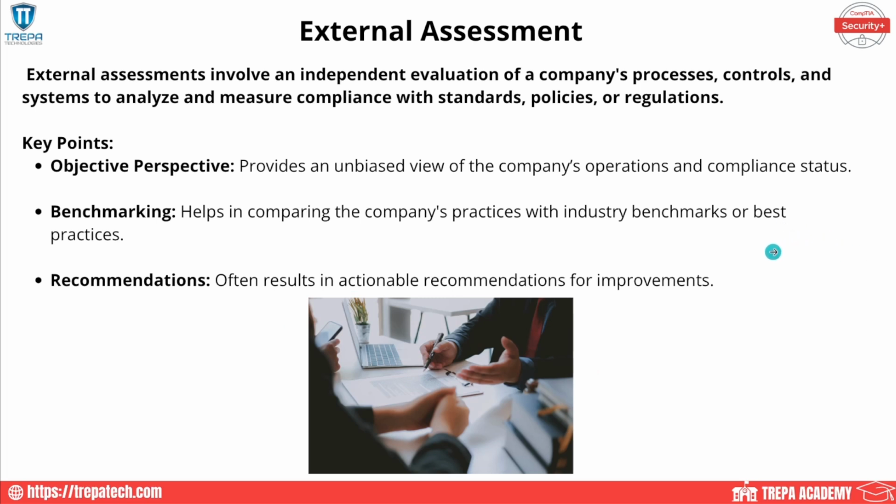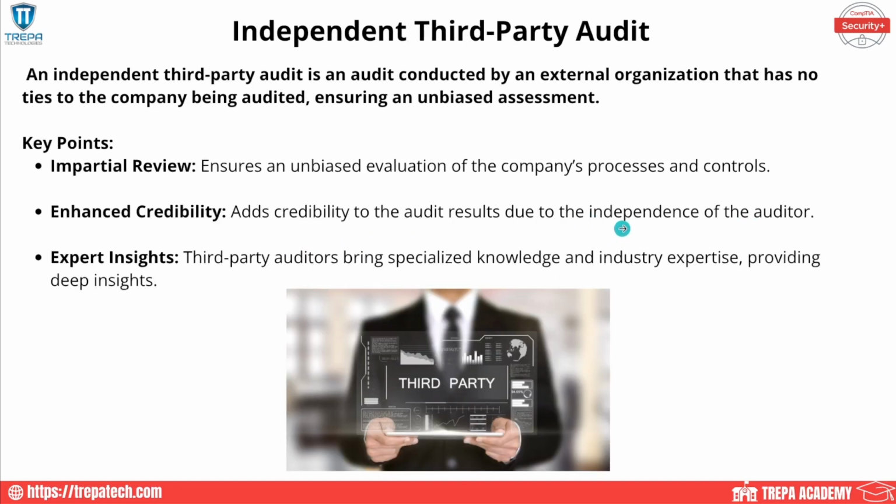External assessment. So external assessments involve an independent evaluation of a company's processes, controls, and systems to analyze and measure compliance with standards, policies, or regulations. And then, of course, we have an independent third-party audit, kind of what we've been talking about. Now just putting it with the definition up there. An independent third-party audit is an audit conducted by an external organization that has no ties to the company being audited.